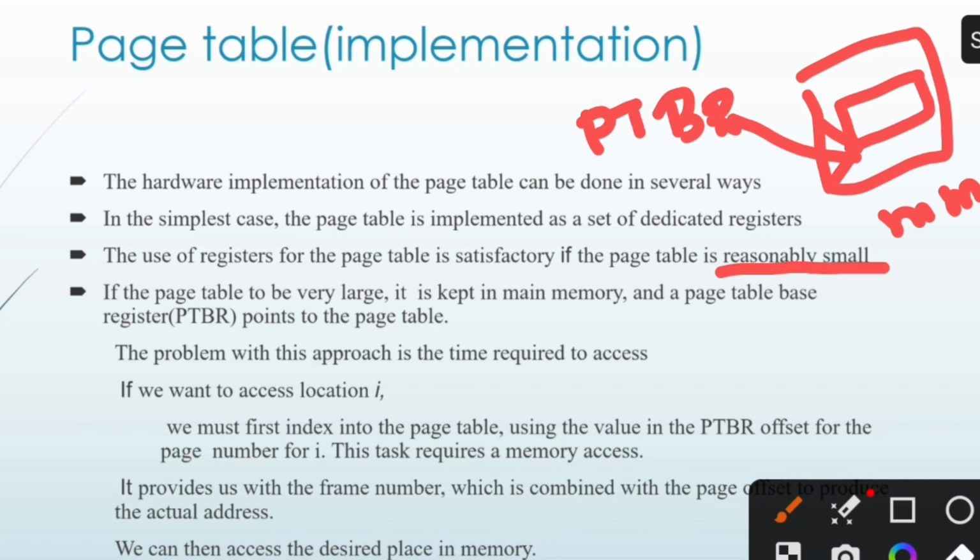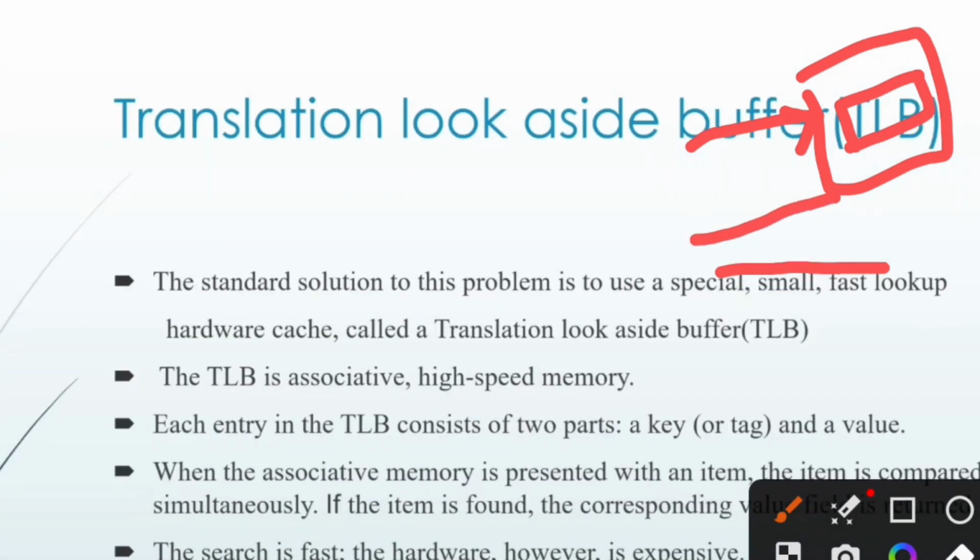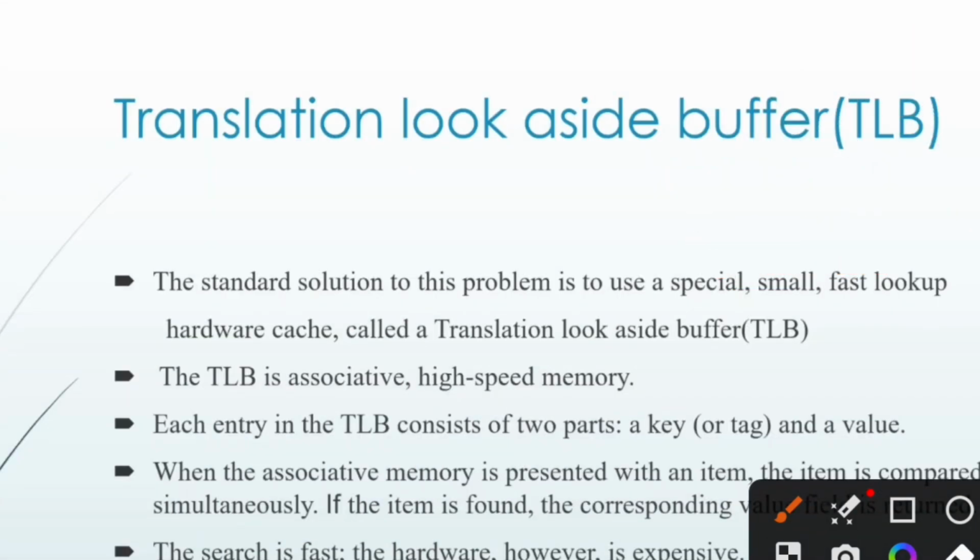But here the disadvantage is we are increasing the time used for accessing a user memory location. Why? We are making two memory accesses here, one for the page table entry, another for the byte itself. The solution is we will make use of the translation look-aside buffer, that is TLB, in order to do the hardware implementation of the page table.